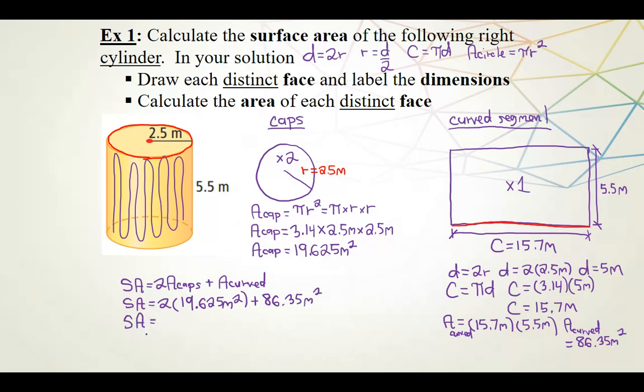So you have your surface area is 2 times 19.625 is 39.25 square meters plus 86.35 square meters. And that's going to give me my total surface area of the cylinder: 39.25 plus 86.35 gives me 125.6 square meters.